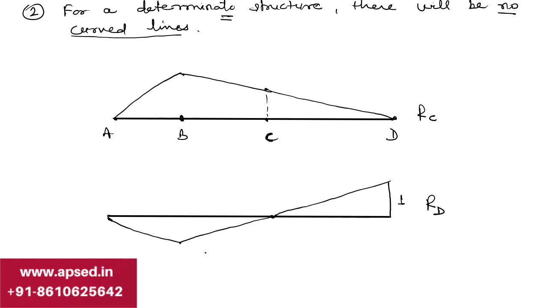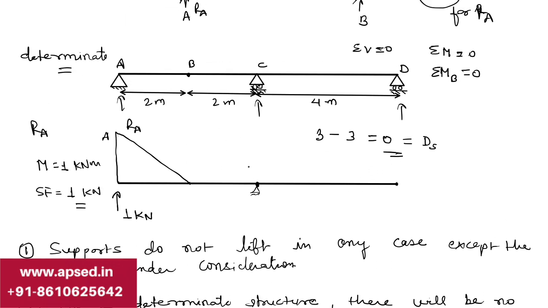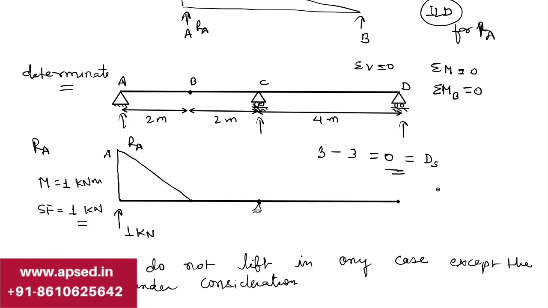Now another thing that you can understand from this ILD, I've already told, but this will again become a common confusion when we are drawing ILD and trying to solve. Now, when we have drawn this ILD for RA, what does it represent? It represents that when the load is acting at A, it will have a value of 1, then it is reducing, and at point B, this value is becoming 0.